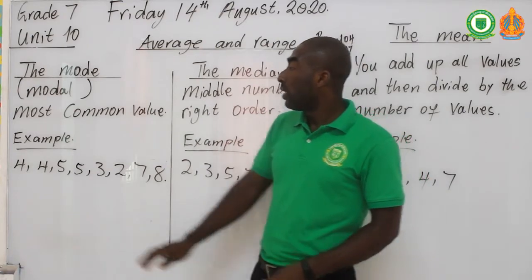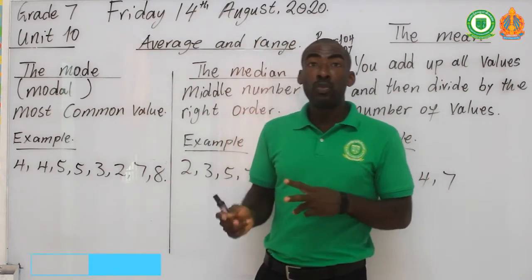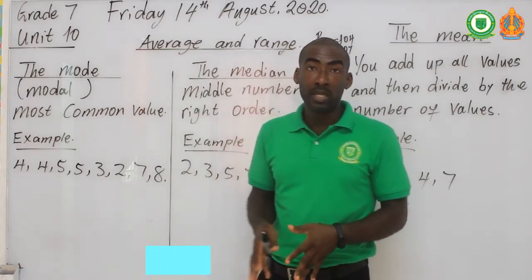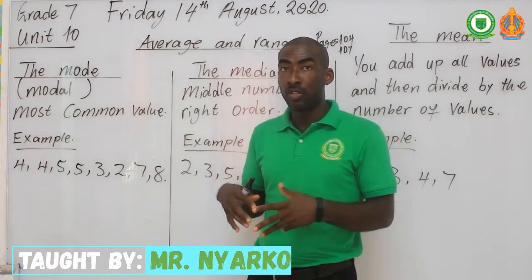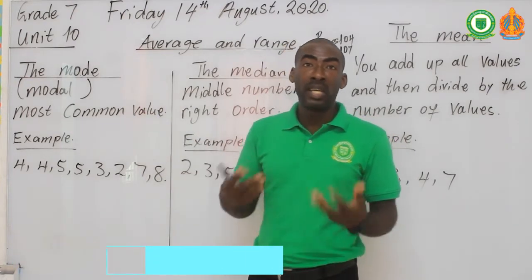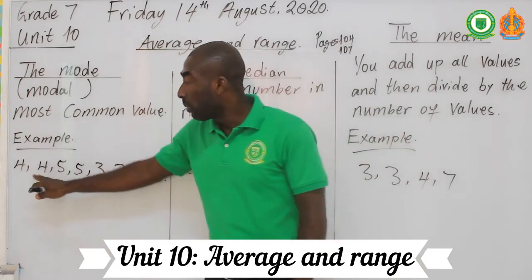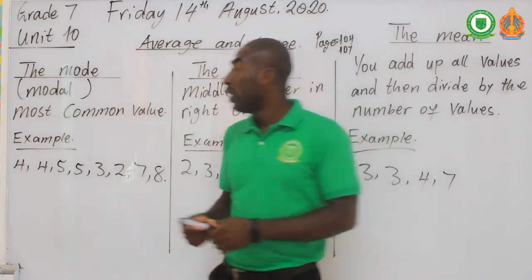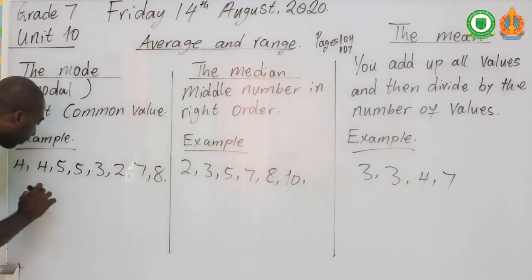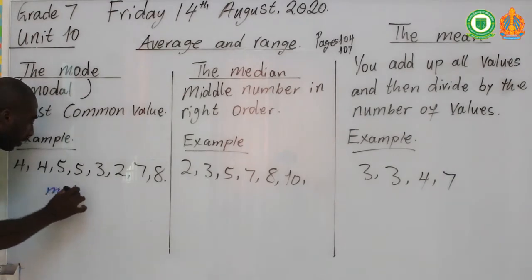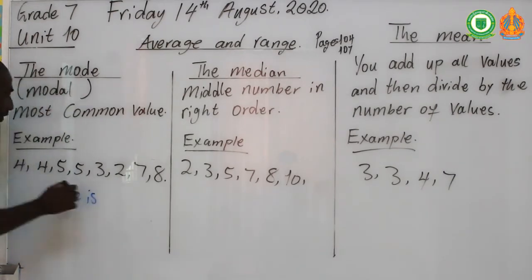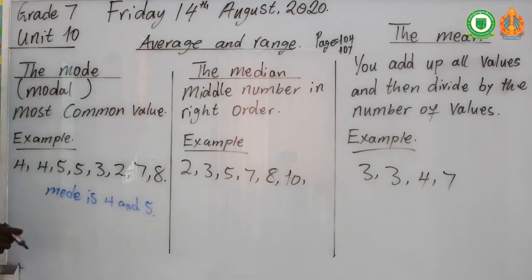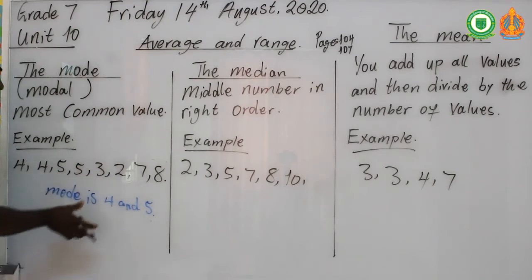In this situation, whenever you have 2 or more numbers that are repeating or becoming the most common numbers, you choose those numbers as your modal or mode average, because 2 numbers are appearing more in these statistics. So your mode average is 4 and 5.